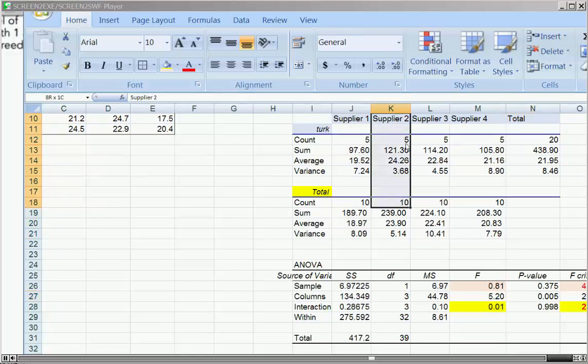These are the columns. And this difference is significant because p-value falls into the rejection region. So we reject the null hypothesis of equality of means for factor B.